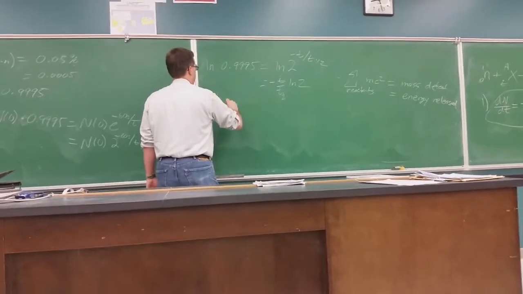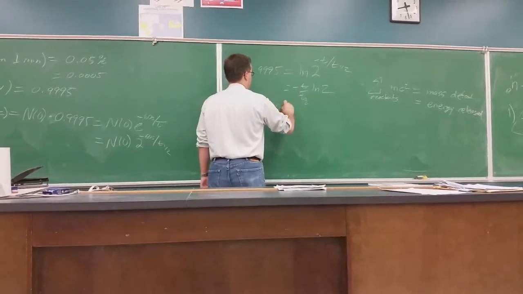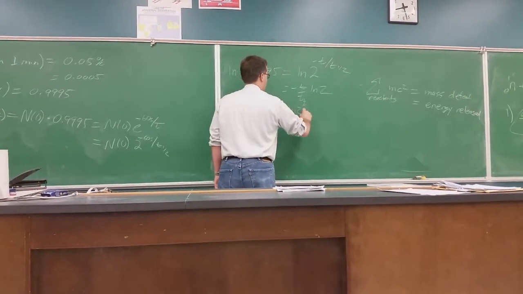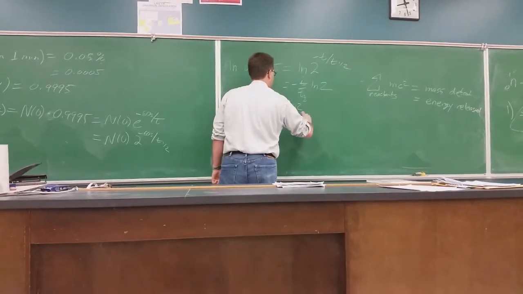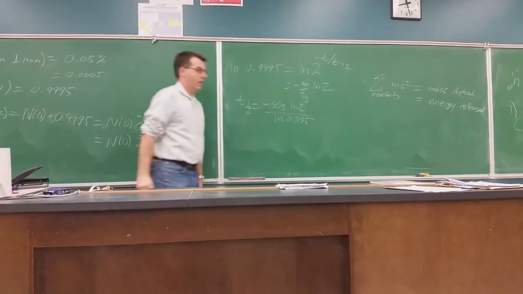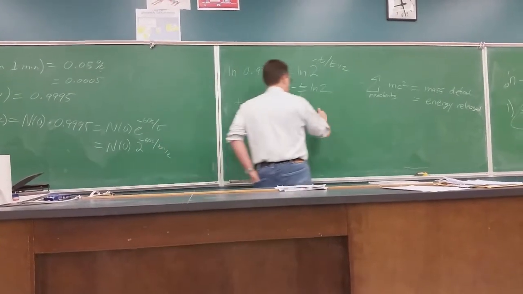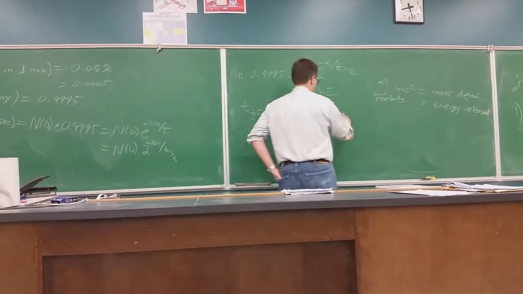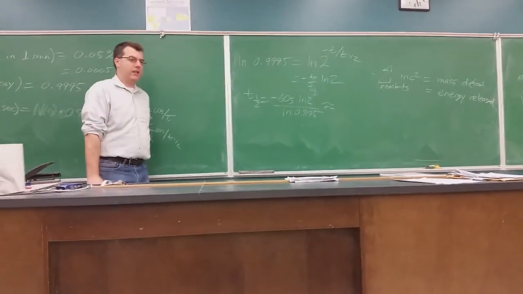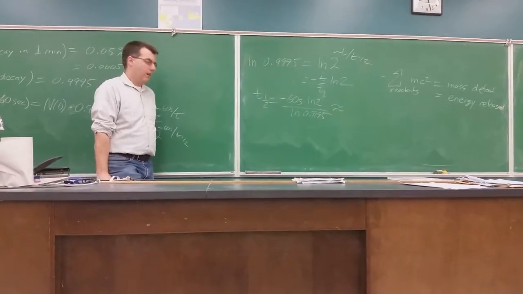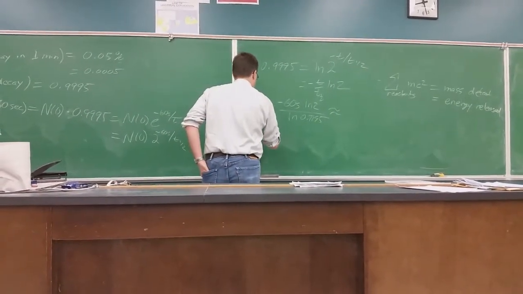So the half-life is equal to minus 60 seconds times ln 2 over ln of 0.9995, which is going to be roughly, well, let's see here. The ln of 1 plus x is roughly x. That's just a fact of Taylor series.